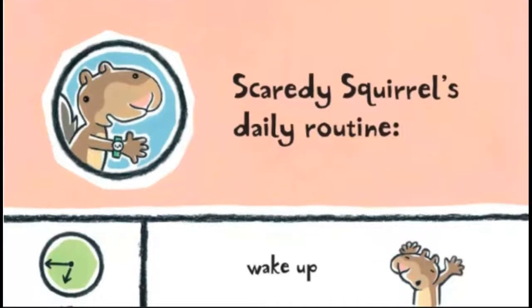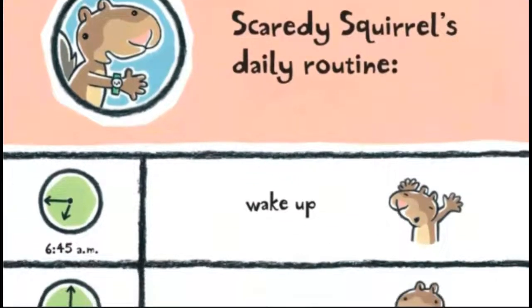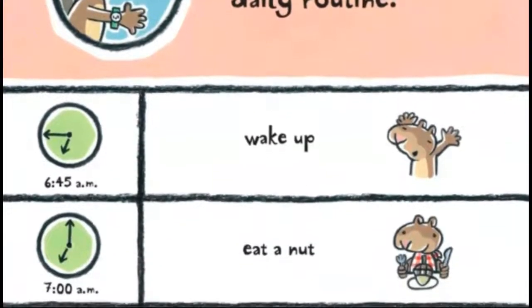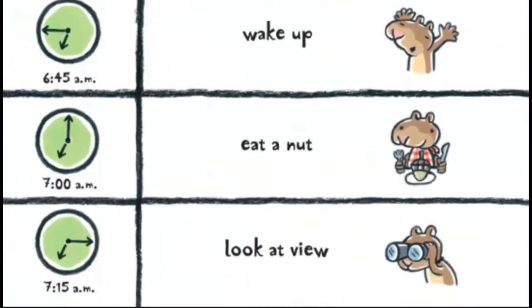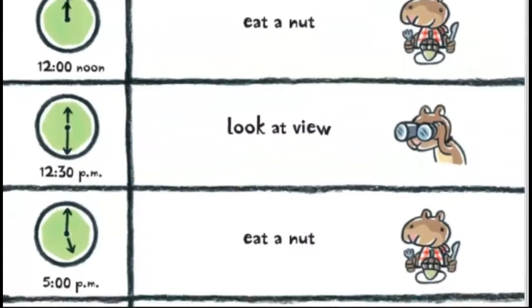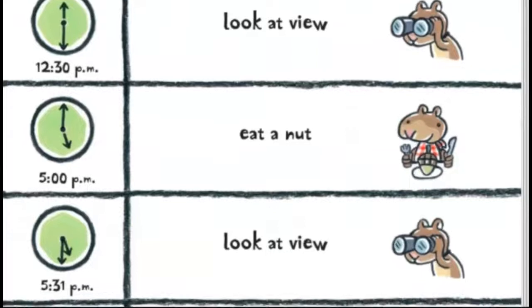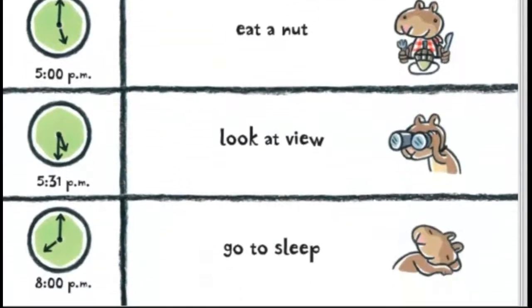Scaredy Squirrel's daily schedule. 6:45, wake up. 7 a.m., eat a nut. 7:15, look at view. 12 o'clock noon, eat a nut. 12:30 p.m., look at view. 5 p.m., eat a nut. 5:31 p.m., look at view. 8 p.m., go to sleep.